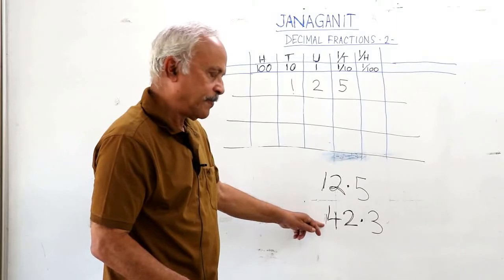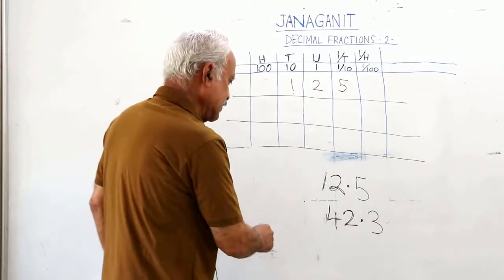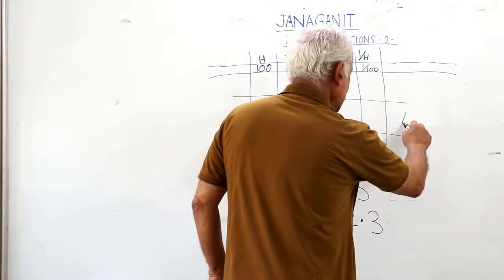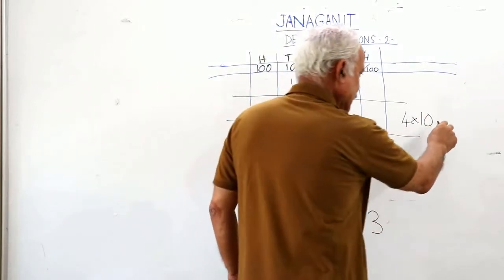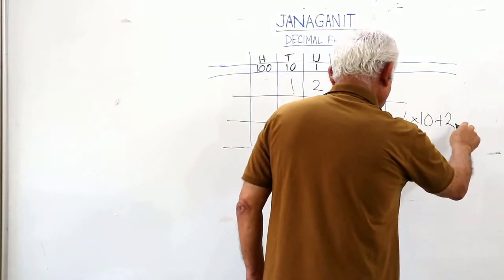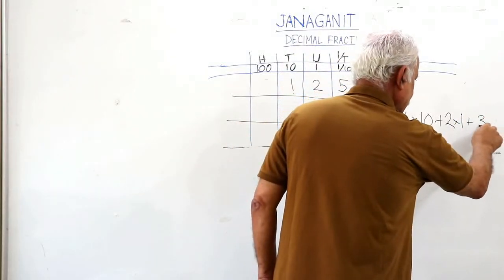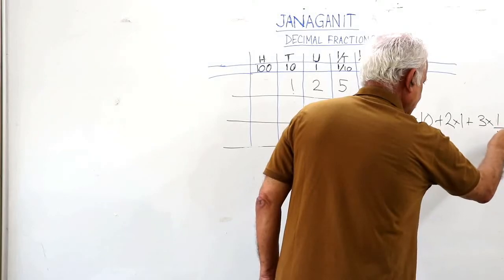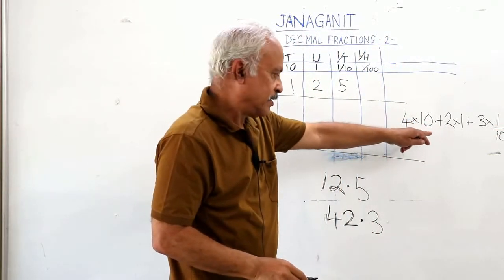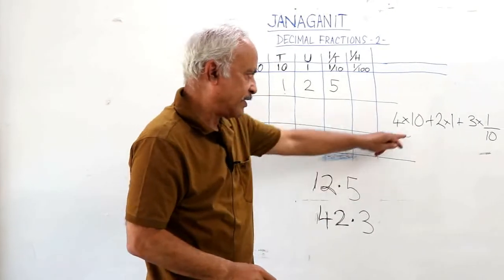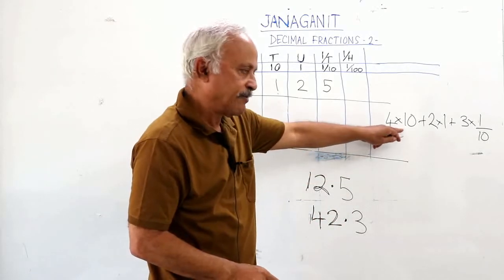If I have to write this in the expanded form, I will write this as 4 into tens plus 2 into ones plus 3 into 1 by 10. This is another way of writing. So I can write this as 42.3, or I can write it like this.